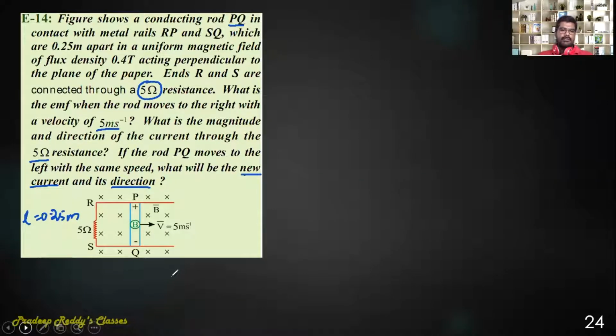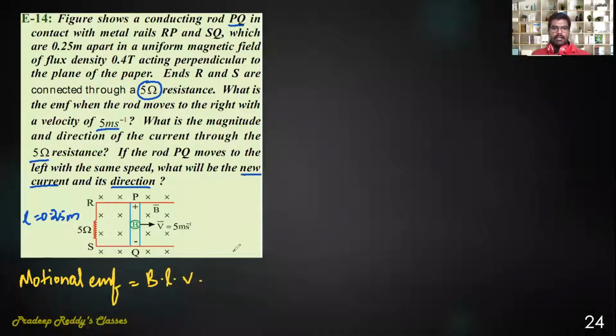So this is the question where you need to apply the concept of motional EMF. Motional EMF is equal to B L into V, where V is velocity. Now the rod PQ is in motion. It is moving with velocity 5 meter per second.